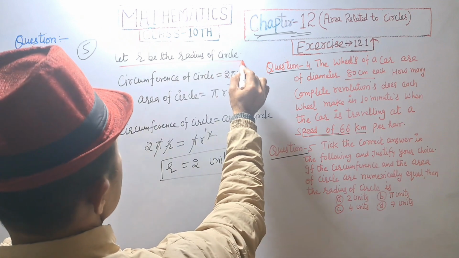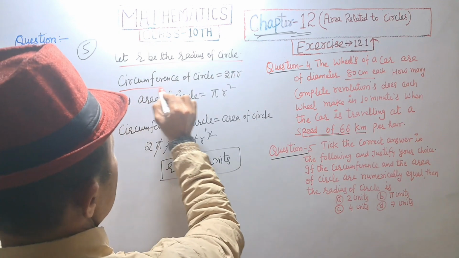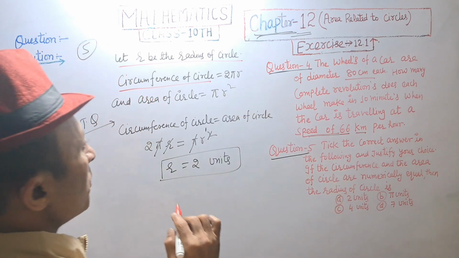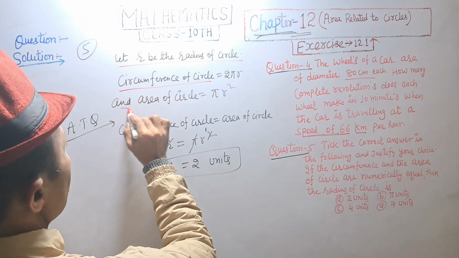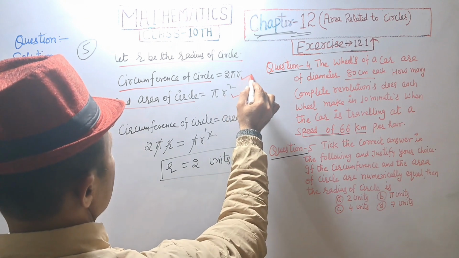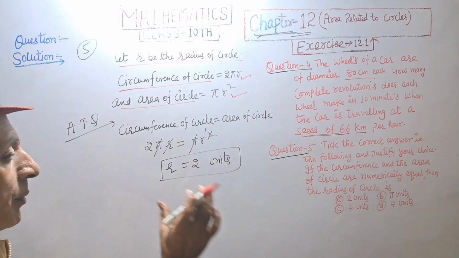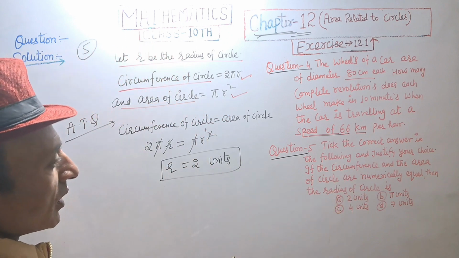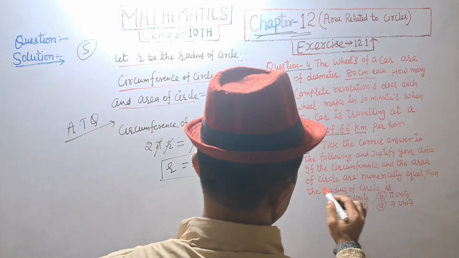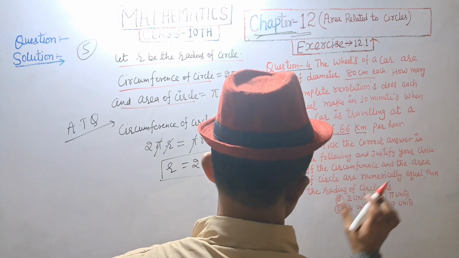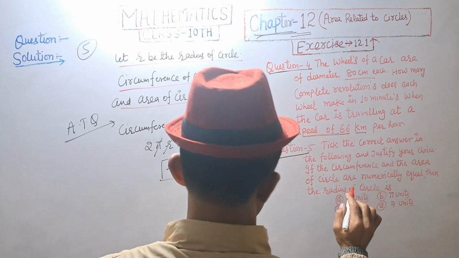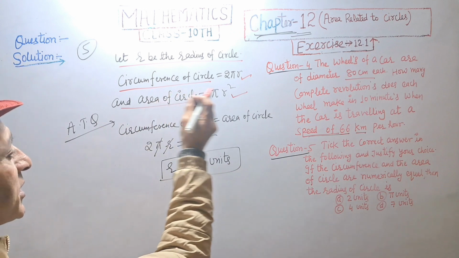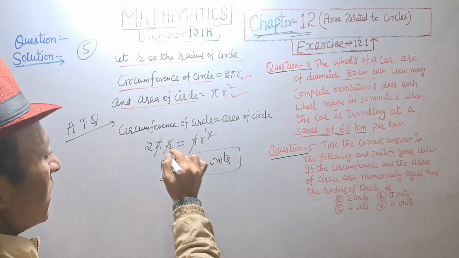Let r be the radius of circle. As we know, circumference of circle is equal to 2 pi r and the area of circle is equal to pi r square. According to question, circumference and area of circle are numerically equal. Then 2 pi r is equal to pi r square.